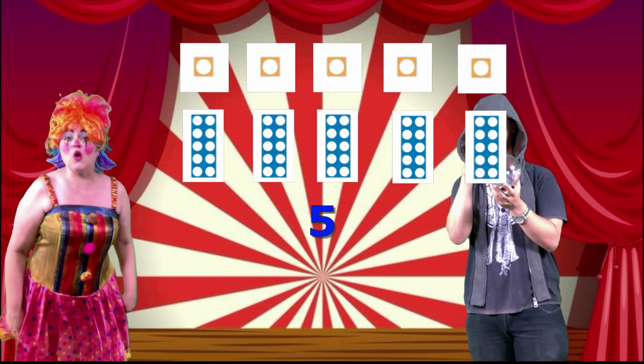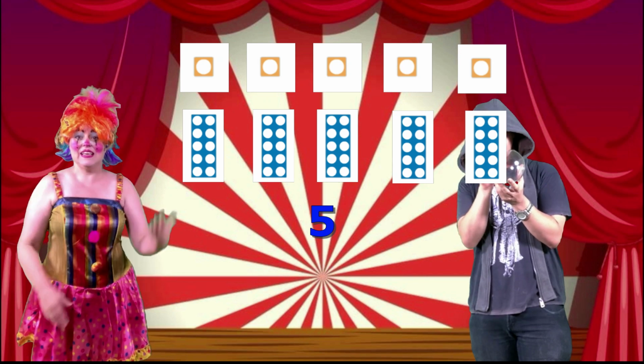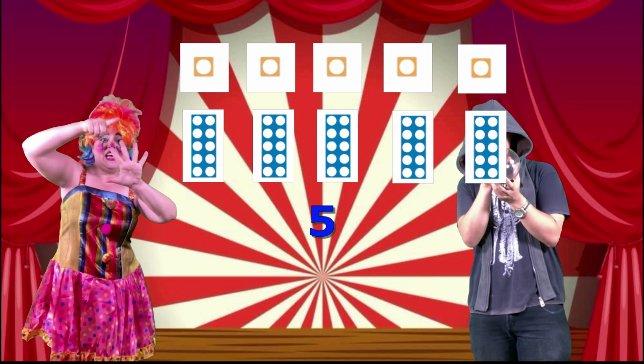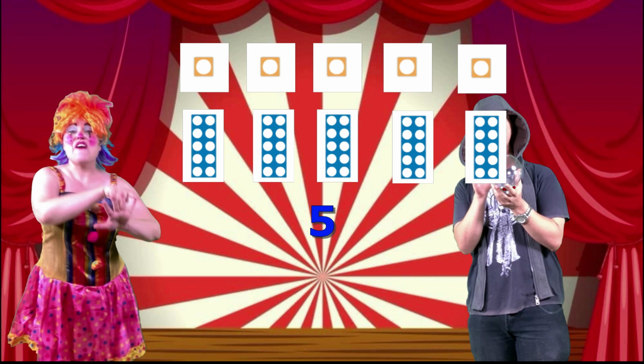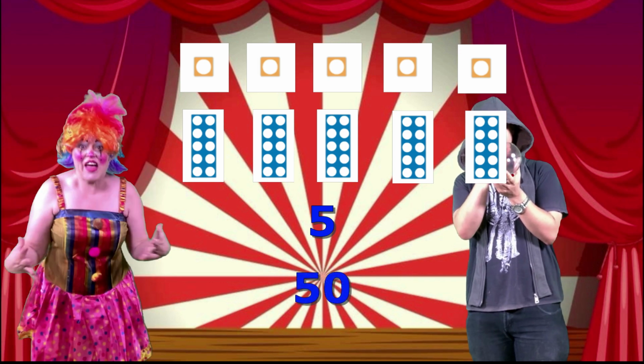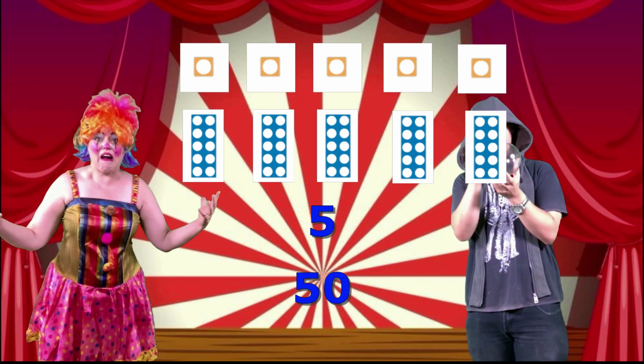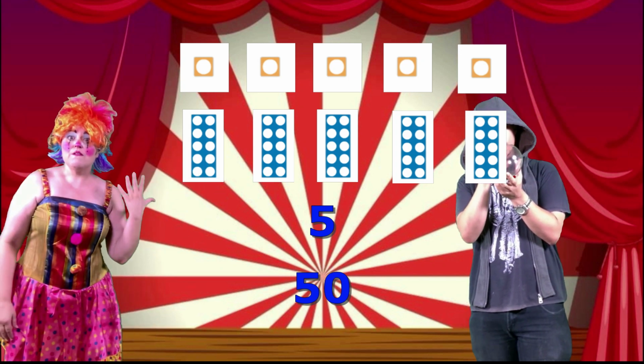And how many holes in 5 Numicon 10 shapes? 10, 20, 30, 40, 50. So the number 50 is 10 times bigger than the number 5.